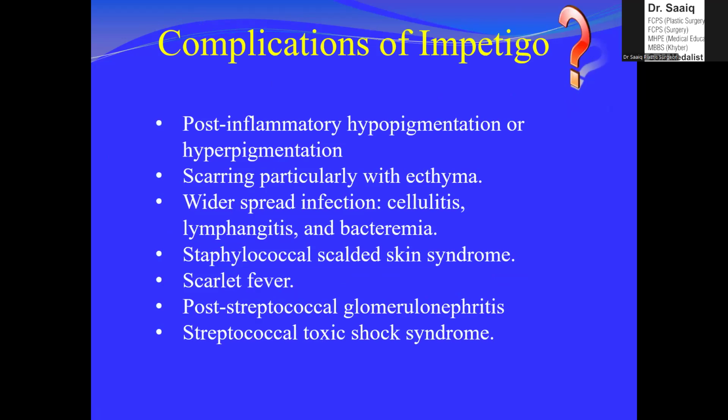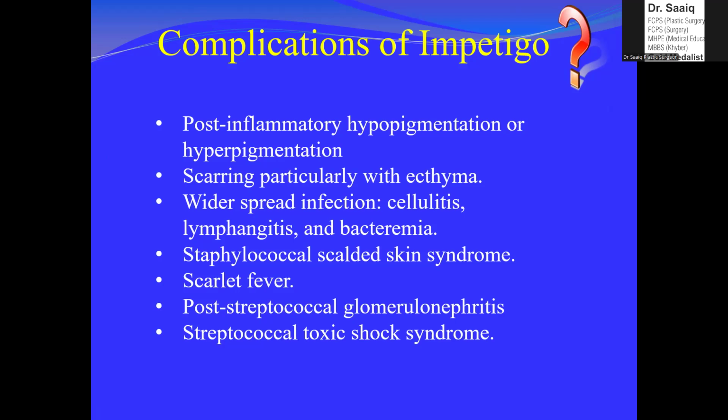Most of the time, the impetigo lesions respond very quickly to the antibiotics. Really, some patients may continue to have persistent issues, such as hypo or hyperpigmentation of the affected areas of skin. Patients who have ecthyma usually have more scarring. Sometimes, because of the spread of infection, the patient may have cellulitis, lymphangitis, and bacteremia.